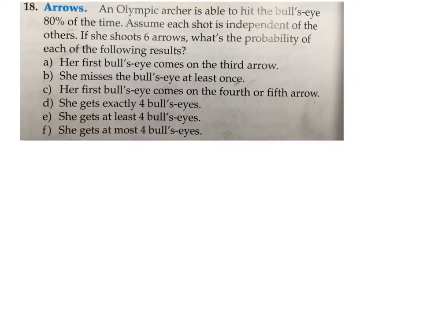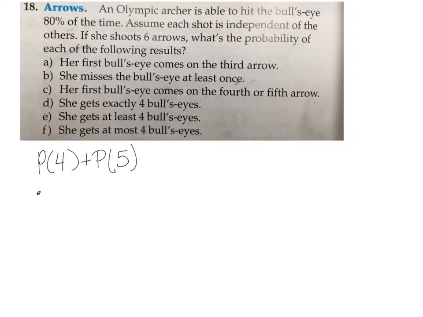Part C, her first bullseye comes on the 4th or 5th arrow. So we are looking once again at geometric. Her first bullseye comes on the 4th or 5th arrow would be the geometric probability of 4 plus the probability of 5.